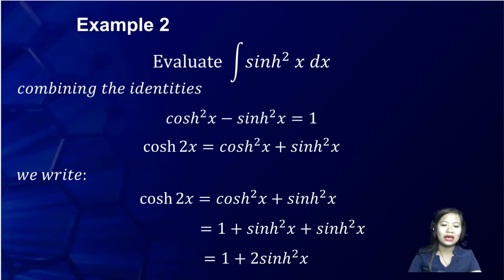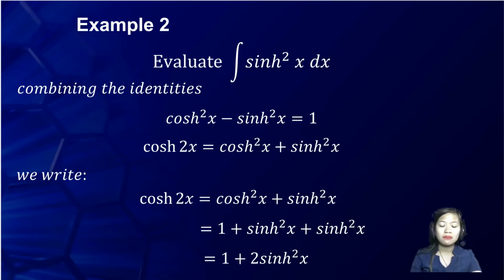Combining the identity of the hyperbolic cosine 2x, which is equal to the hyperbolic cosine squared x plus the hyperbolic sine squared x. As we combine them, we have 1 plus the hyperbolic sine squared x plus the hyperbolic sine squared x.